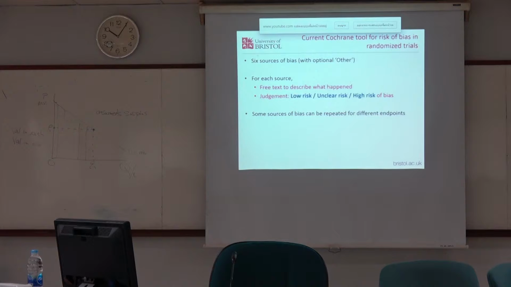And some of you may know that within the tool itself, some sources of bias can be repeated for different endpoints. For example, in some of the reviews that I've worked on in the past, I've tended to divide the blinding of outcome assessment domain into 2 rows, one for subjective outcomes and one for objective outcomes. And that applies to all of the studies included in my review.